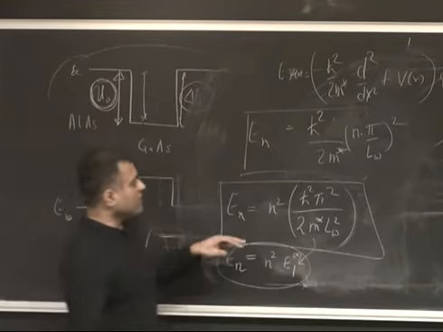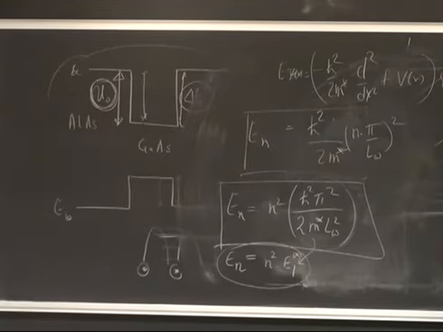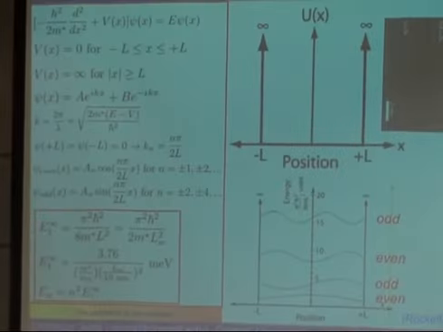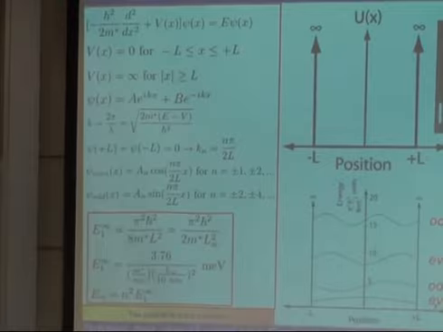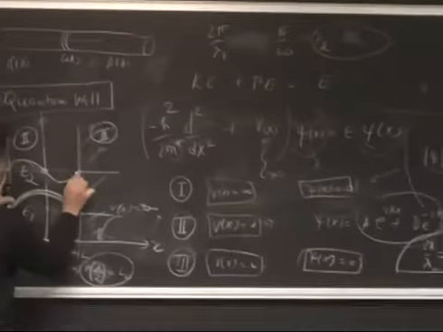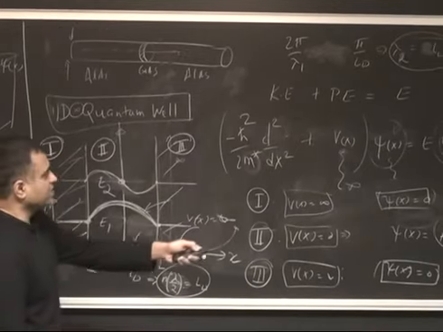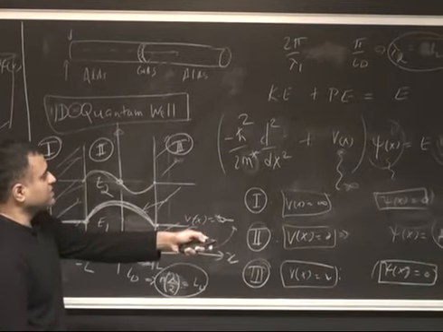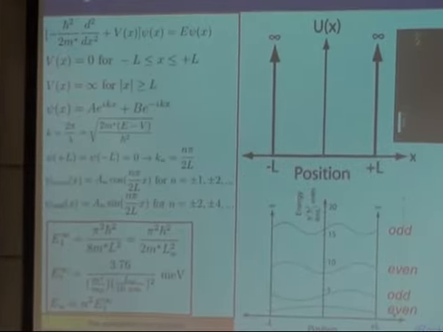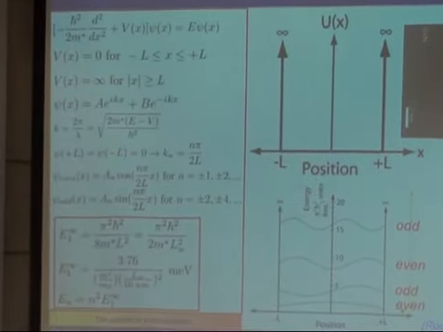Now, if you go back and look at all the n values, you see this is an even function around x equal to 0, and this is an odd function. If you substitute the values of kn, the even ones go as cosine, obviously, because at 0 it's max. Then cosine, sine, oscillating faster.